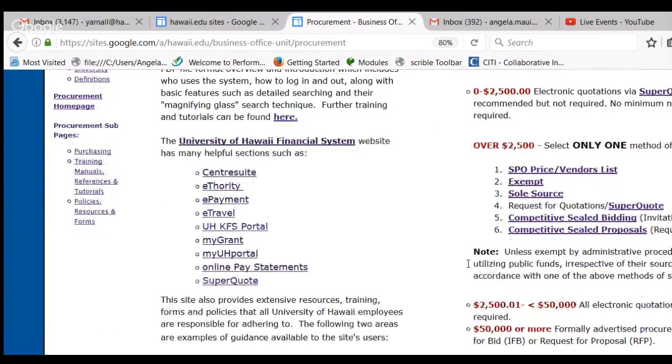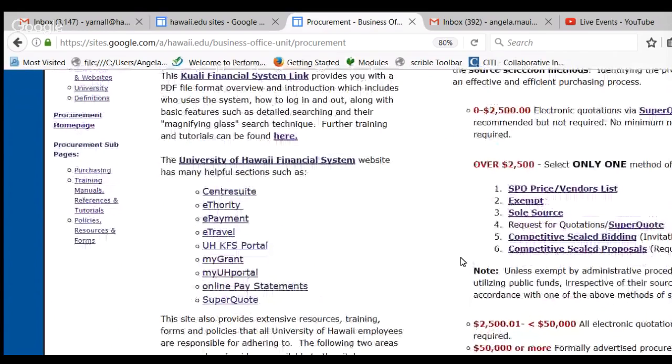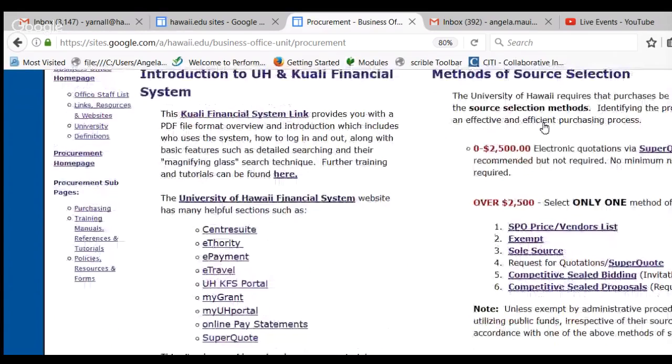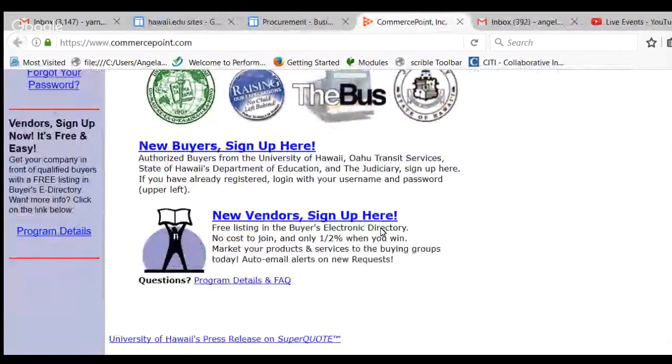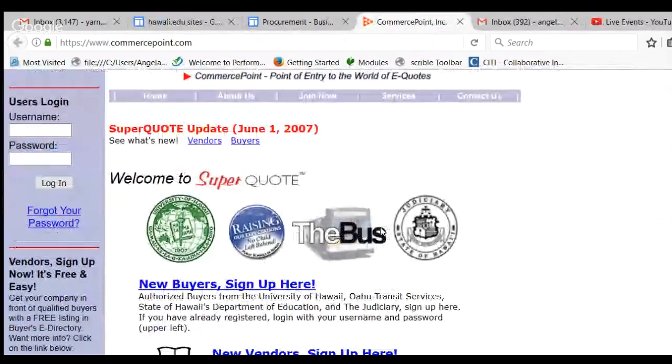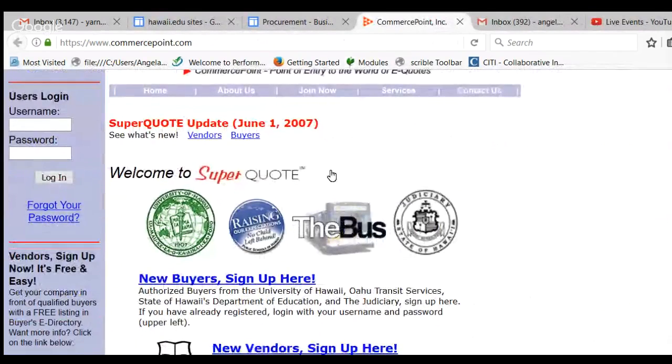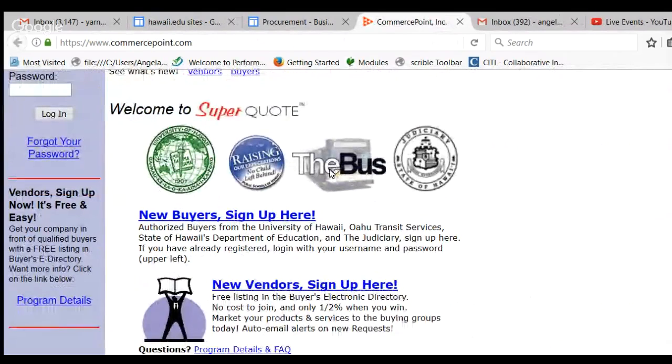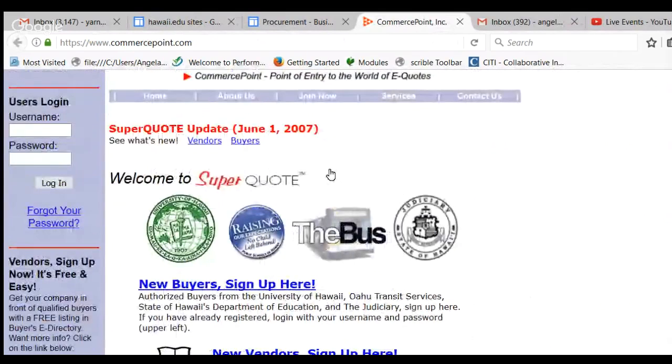Okay. Am I able to click on anything? You can click on anything you want. It's all clickable. New buyers, new vendors. Okay. So what you've determined is it's over 2,500, and so you would need to use Supercode.